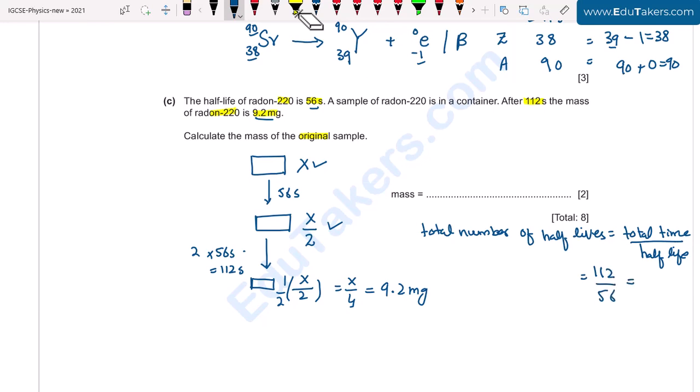So it means that 2 half-lives pass when the mass reduces to 9.2 milligram. So we can easily calculate from here the initial mass that is represented by X. From this equation I just multiply 4 with 9.2 and it becomes 37 milligram, which is the mass of radon initially. So I write here mass will be equal to 37 milligram.